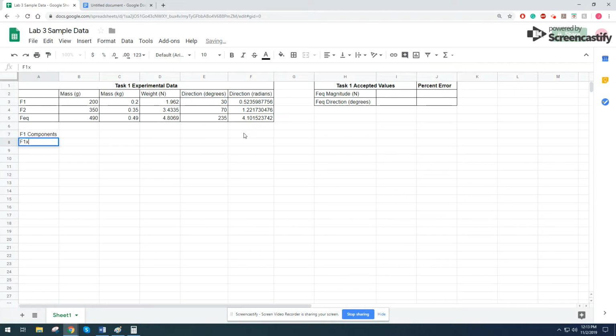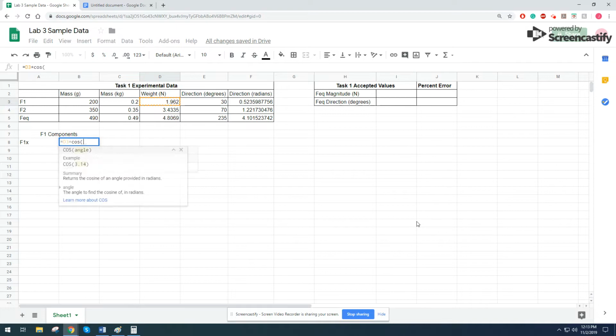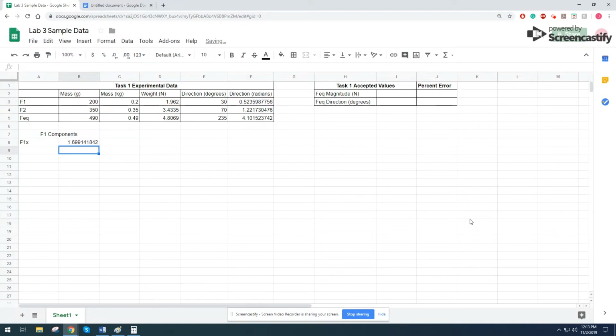So F1x is equal to, I'm going to make this look a little bit better by merging it and centering it like this. Okay. F1x is equal to my F1 times, and if you want to use cosine, it's just regular cosine, like that. Cosine of your angle in radians, right? Because Google Sheets only works in radians. And so the horizontal component is this.